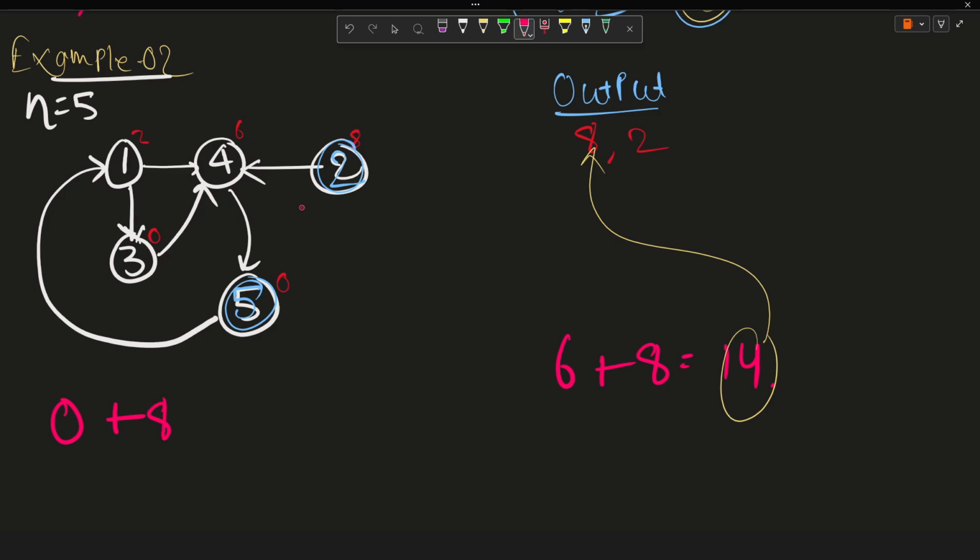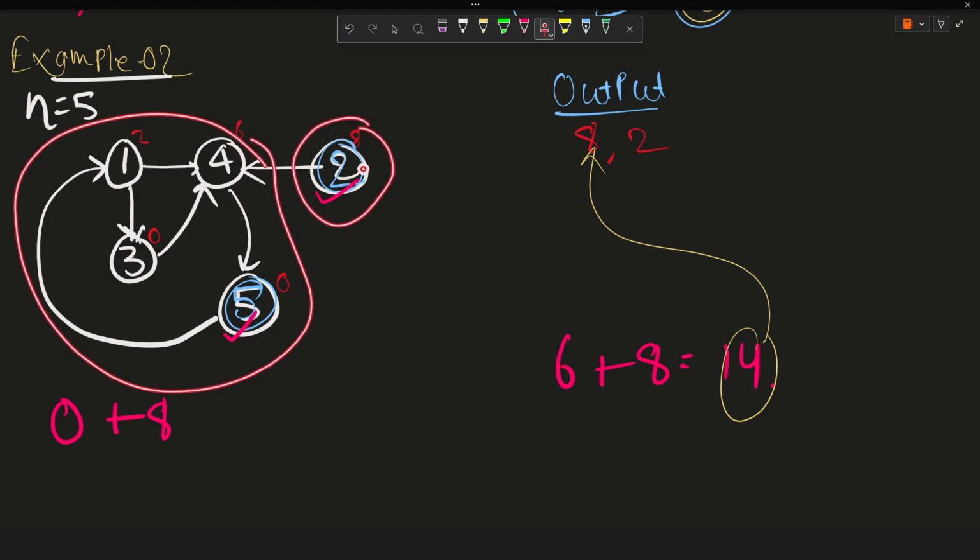So 8. By doing this, this junction and this junction are now protected, and since we can go from this 5 to this 1 and then this 3 and then this 4 also via these paths, right? It means that this component is now protected and this is also protected.